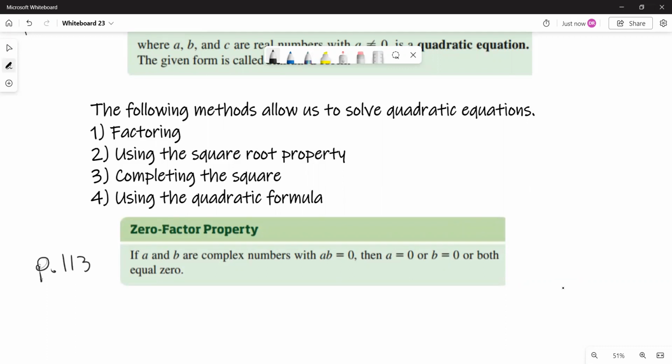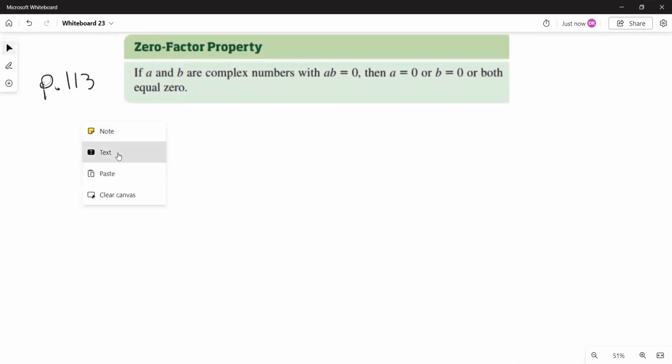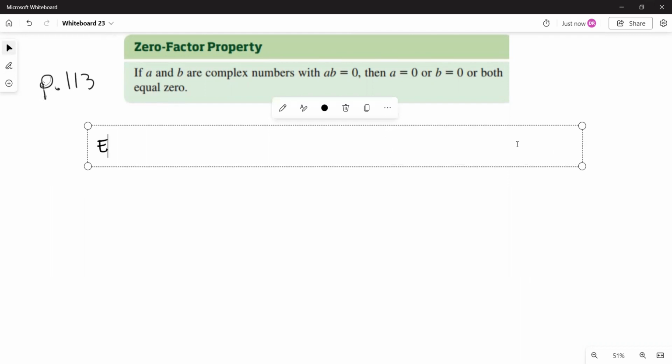So that's what we do when we solve an equation by factoring. We need the zero factor property. So that's the most basic method, factoring. But whenever you can factor a quadratic expression, that's the method you're going to use. So we're going to solve the equation by factoring.